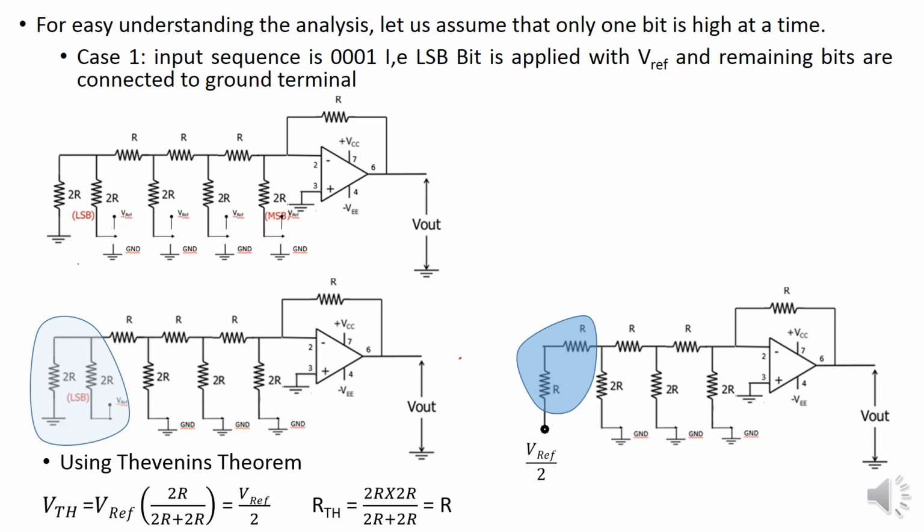Now if you observe the highlighted portion, it shows that two R's are connected in series. So from Ohm's law, the total resistance will be 2R, isn't it? Next, coming to the next portion. Here the two R's are connected with V reference. The same circuit is represented here.